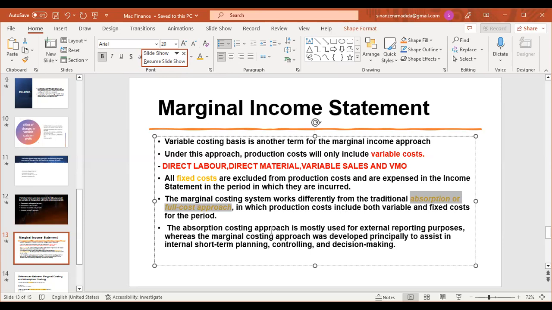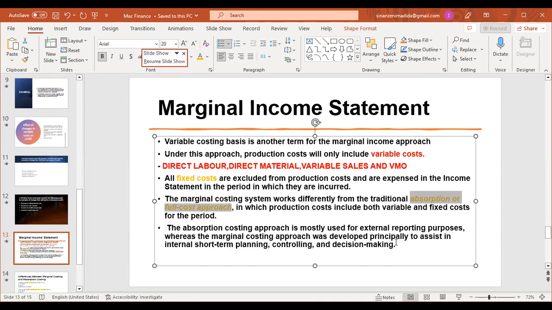The absorption costing approach is mostly used for external reporting. External reporting is for financial accountants, whereas the marginal costing approach was developed principally to assist in internal short-term planning, controlling, and decision-making.